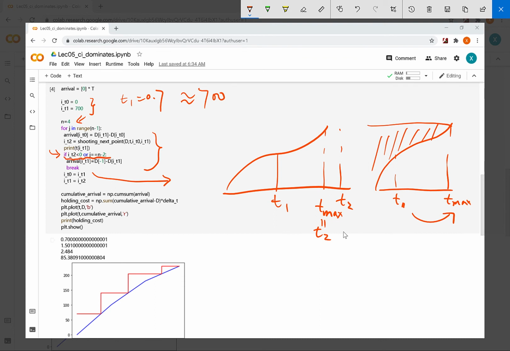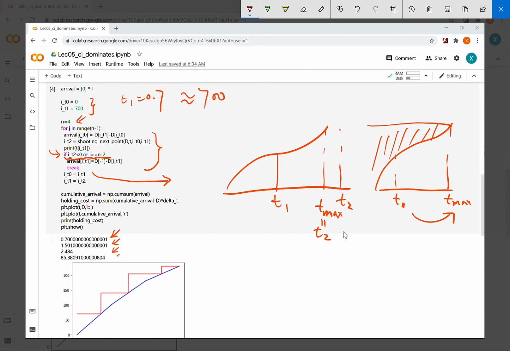We apply this algorithm to the problem, and we can verify our solution from the information we print out. The first shipment time is 0.7. The second shipment time is 1.5, as what we calculated. The third shipment time is 2.48, which is very close.